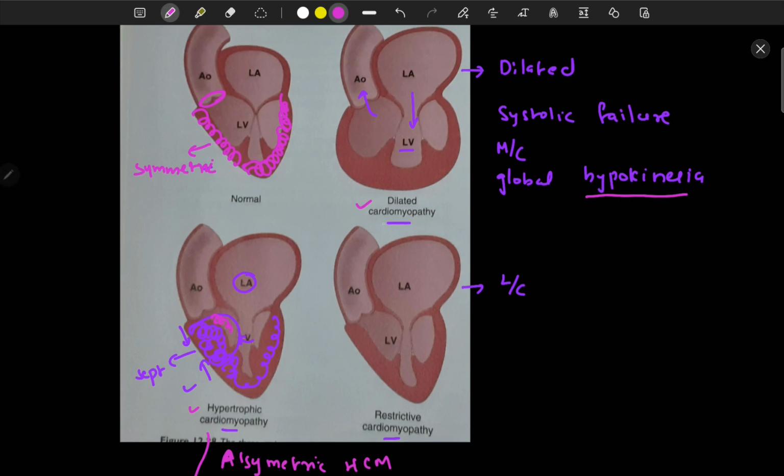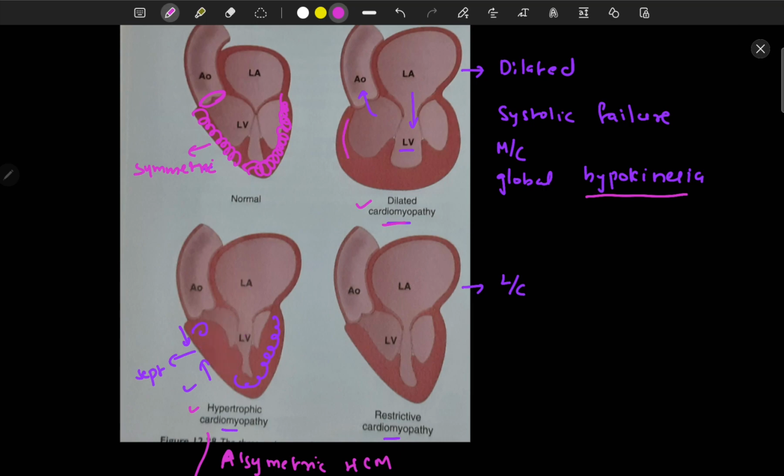In dilated cardiomyopathy, on echocardiogram, which is the investigation of choice, there is a big heart with a large cavity, and the myocardial wall is thinned out.